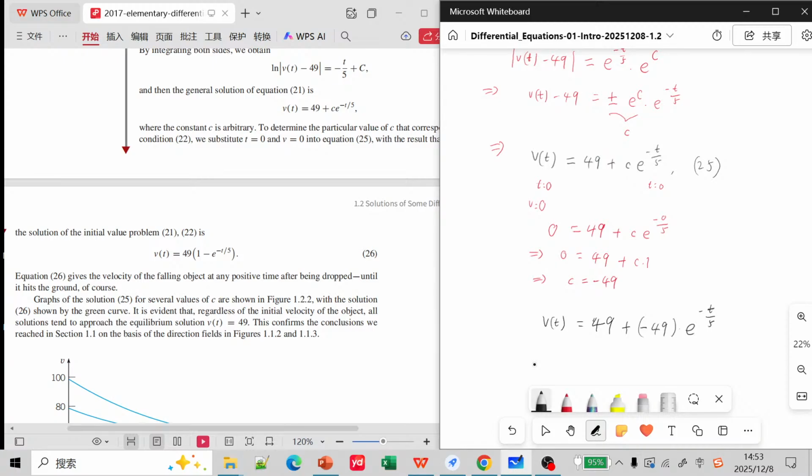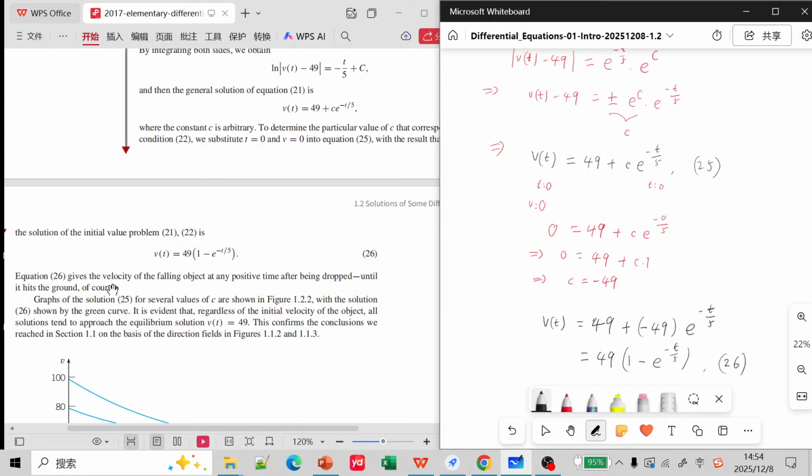Or maybe we just factor out the 49. We can get 49 times, the remaining value is 1, and here is the remaining minus. So this is equation 26.